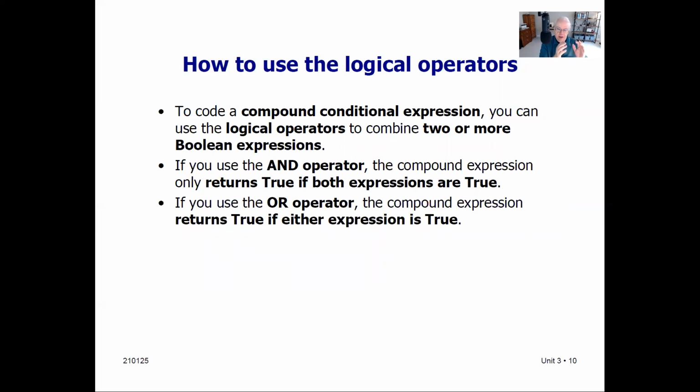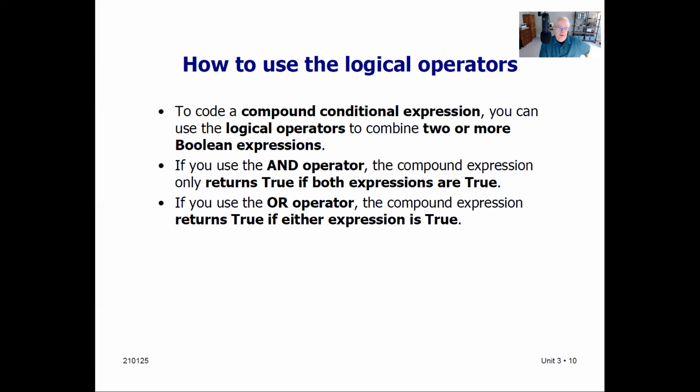A has to be true and B has to be true. Or is the opposite of that. If A is true, we won't even look at B because we can move on. But if A is false, then is B true? If B is true, we're good. If it's false, then we have a problem.